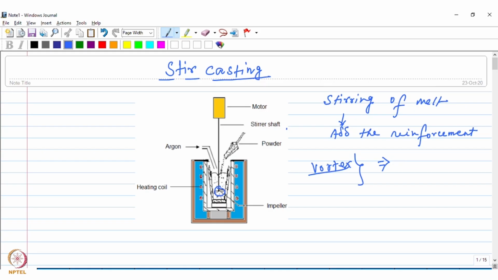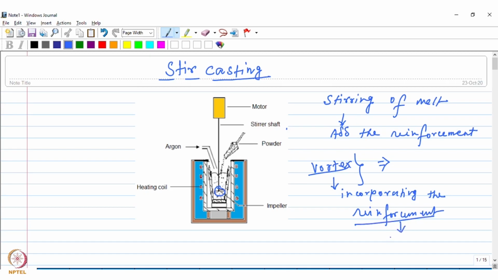So this vortex which is created is actually helpful for incorporating the reinforcement. What kind of reinforcement can be added?